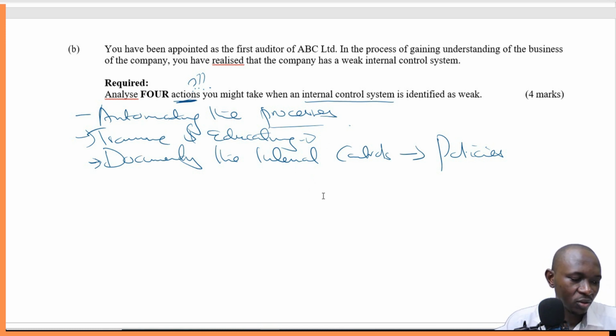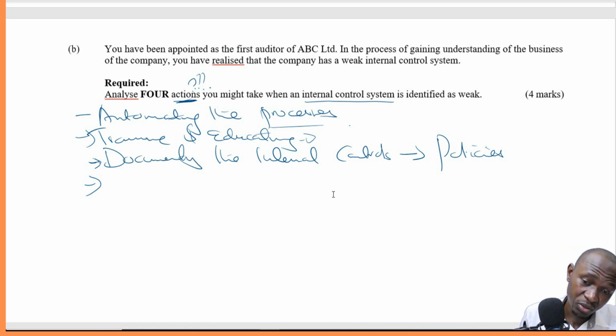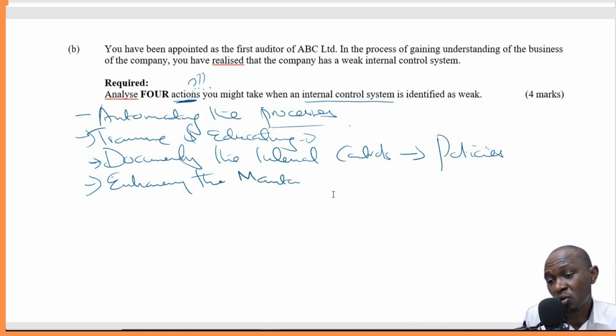And then you can also talk of possibly allocating resources. I think let's leave that one. We'll also talk of enhancing the monitoring and reporting mechanism. Basically on the roles.